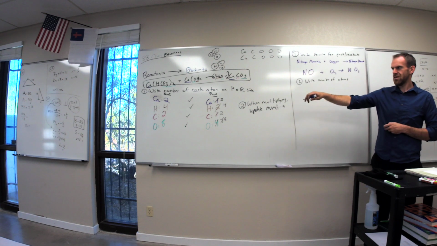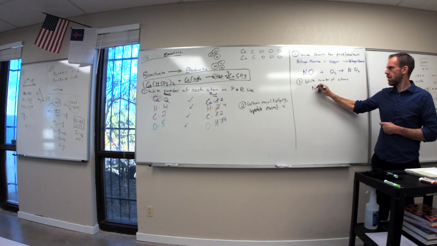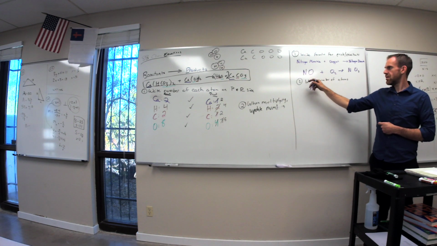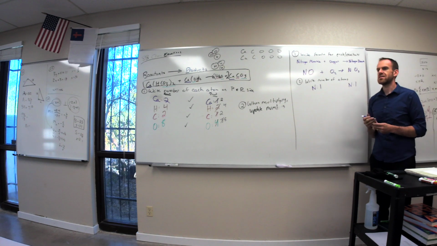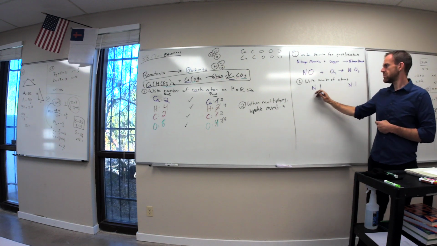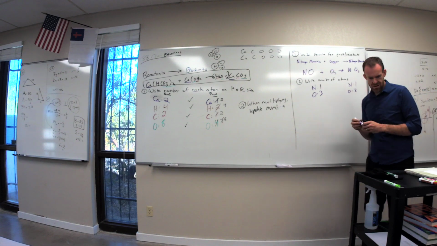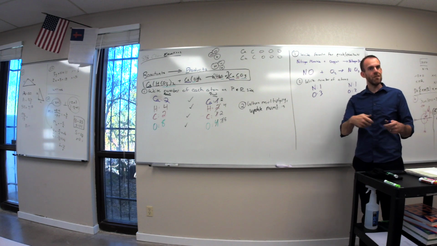On the reactant side we have nitrogen, how many? 2. On this side, 1. Okay, next, Micah. Okay, good. Next step. Is it balanced? No, we have more work to do.